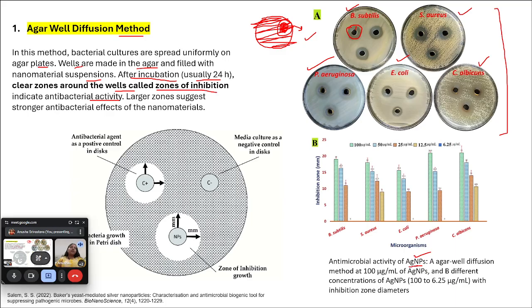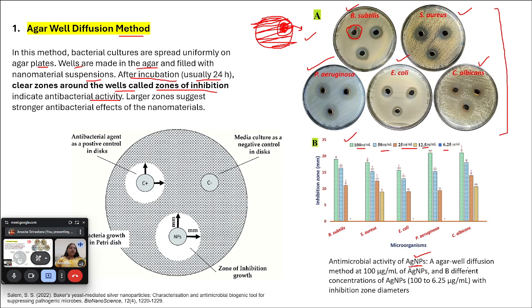So for different bacteria, the zone of inhibition can vary. Based on that, you can determine that this particular nanoparticle or nanomaterial is comparatively more effective for a particular strain than the other. So the same thing is followed here, like 100 microgram per ml, 50 microgram per ml, 25 microgram per ml, 12.5 microgram per ml, and 6.25 microgram per ml. So these are the effective concentrations that have been created.